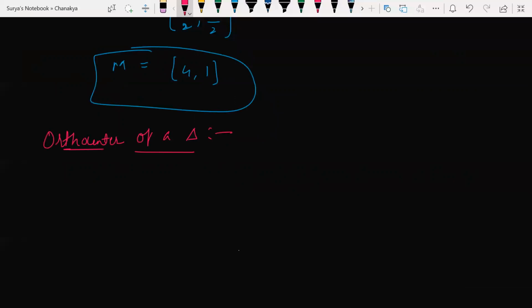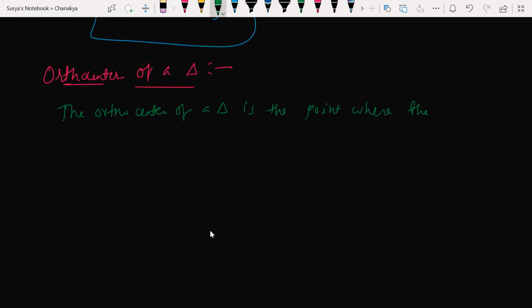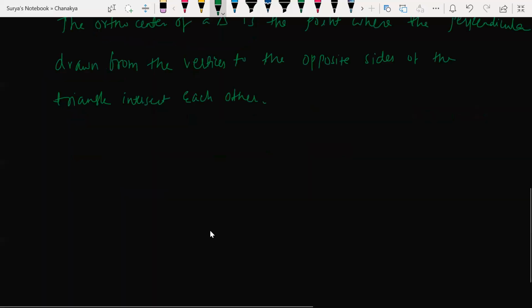The orthocenter of a triangle is the point where the perpendiculars drawn from the vertices to the opposite sides of the triangle intersect each other. So basically this is what.